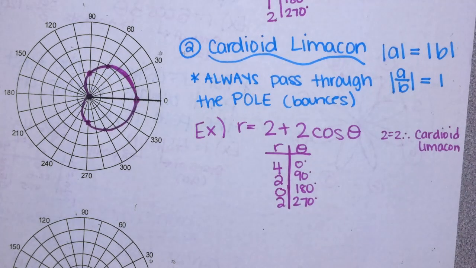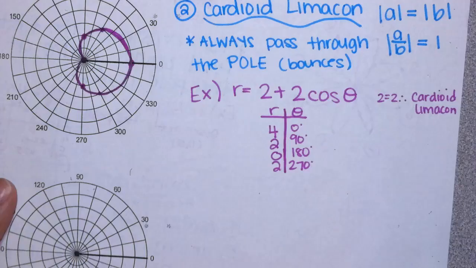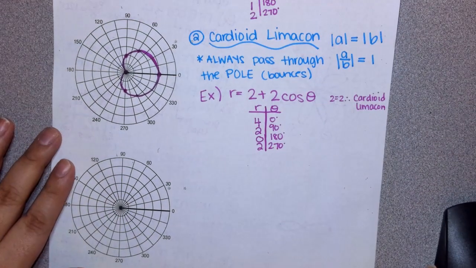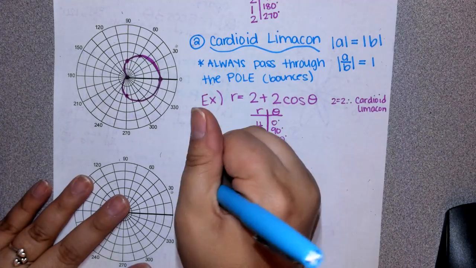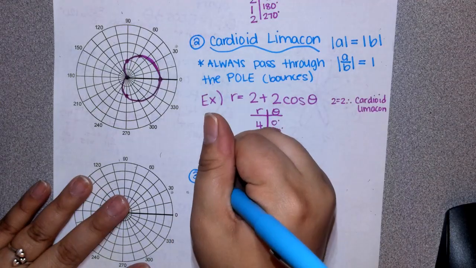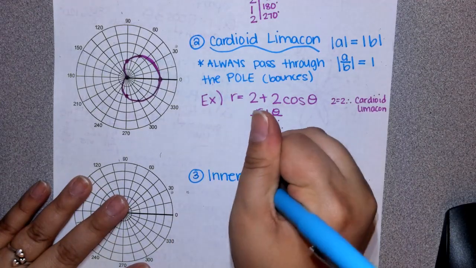We could call it a peach. Peaches are good for your heart. We can remember it that way. Any questions about cardioids? All right, last one is the inner loop.